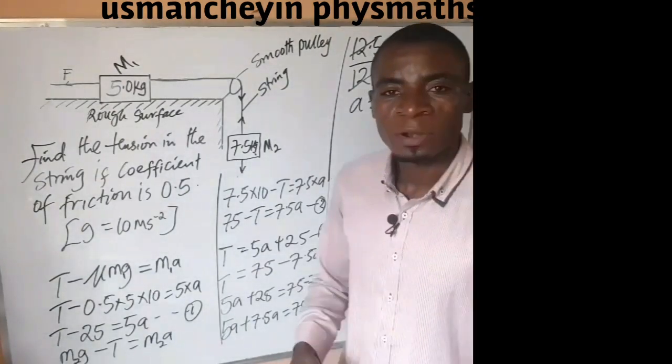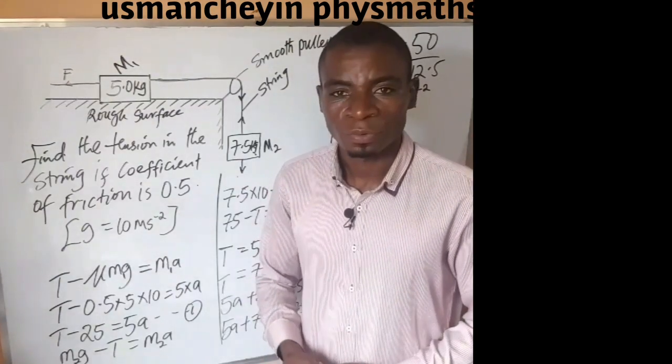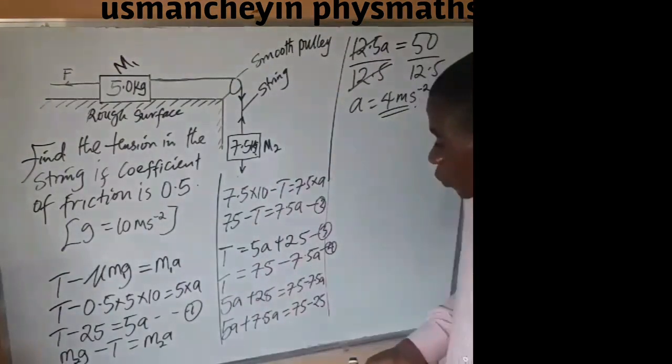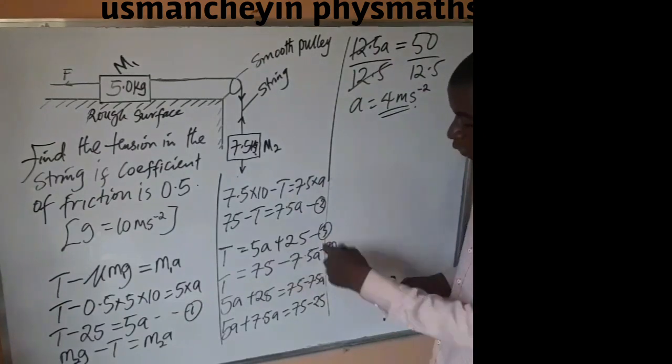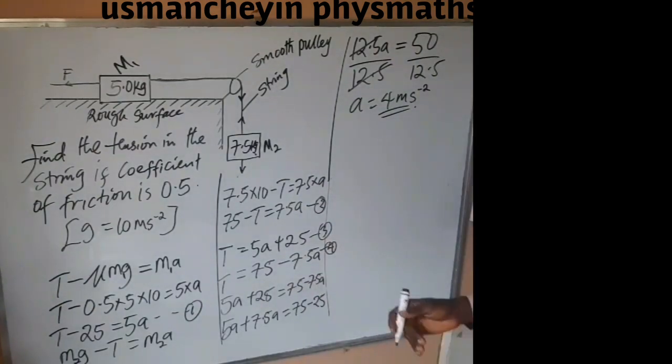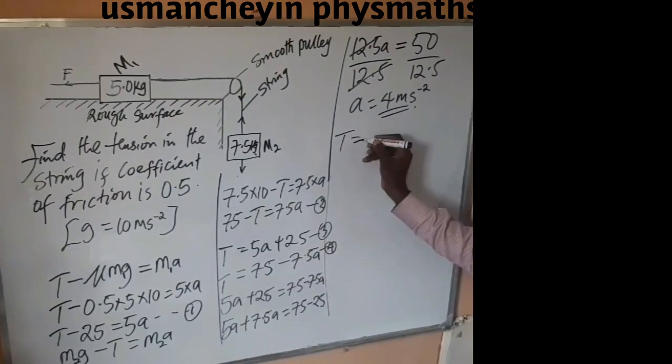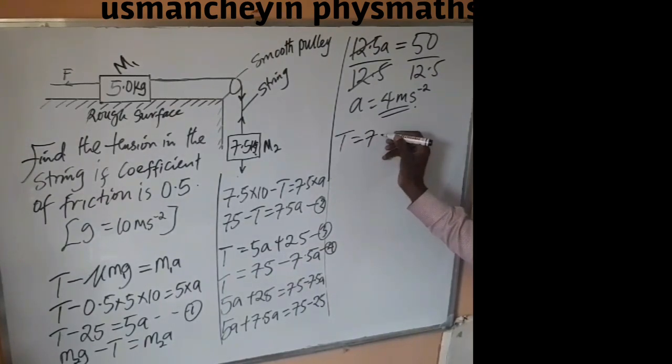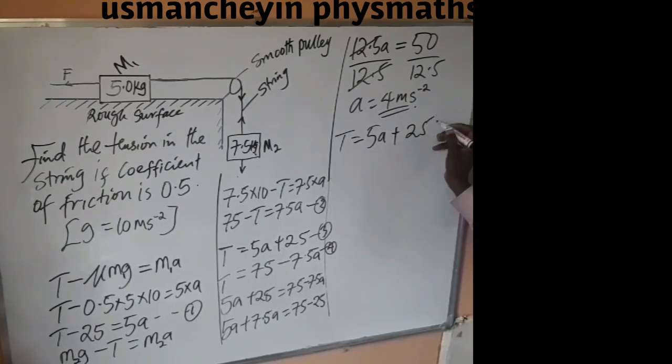But remember, we are not calculating the acceleration. That is just the pathway. So we have to fall back on any of these equations. I pick equation 3. From equation 3, T is equal to 5a plus 25.